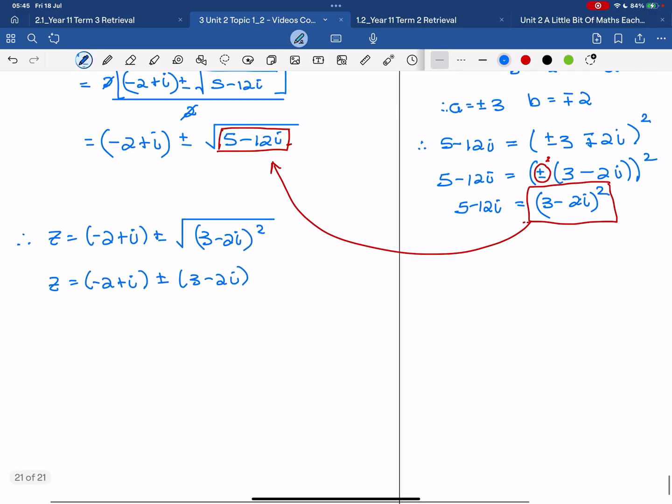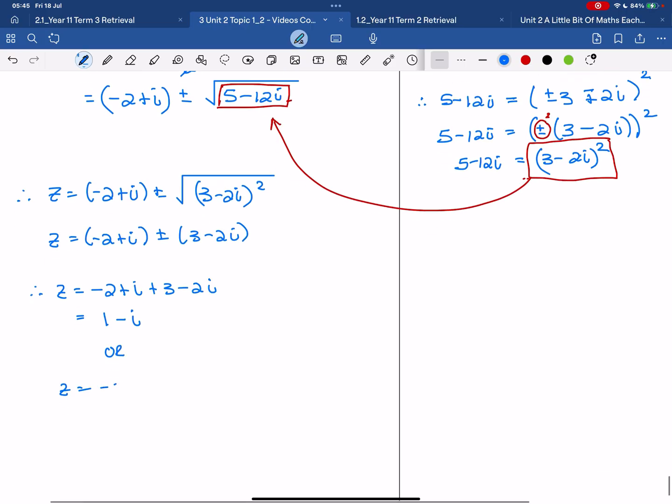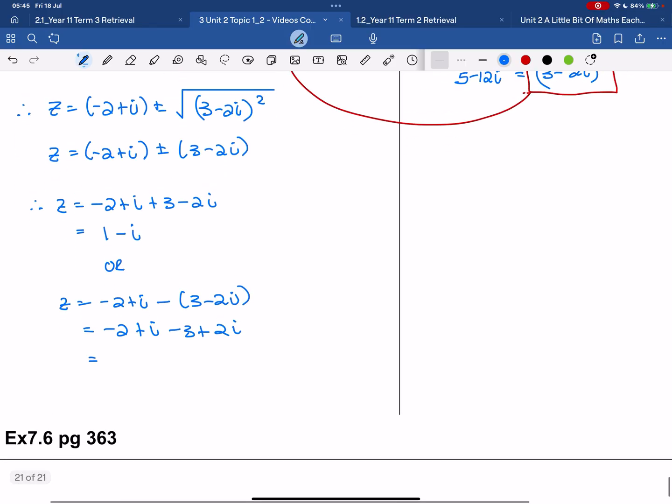And then I can very nicely say Z has to equal minus 2 plus i plus 3 minus 2i, which is going to be 1 minus i, or Z is going to be minus 2 plus i minus (3 minus 2i), which gives me negative 2 plus i minus 3 plus 2i, and that's going to be negative 5 plus 3i.